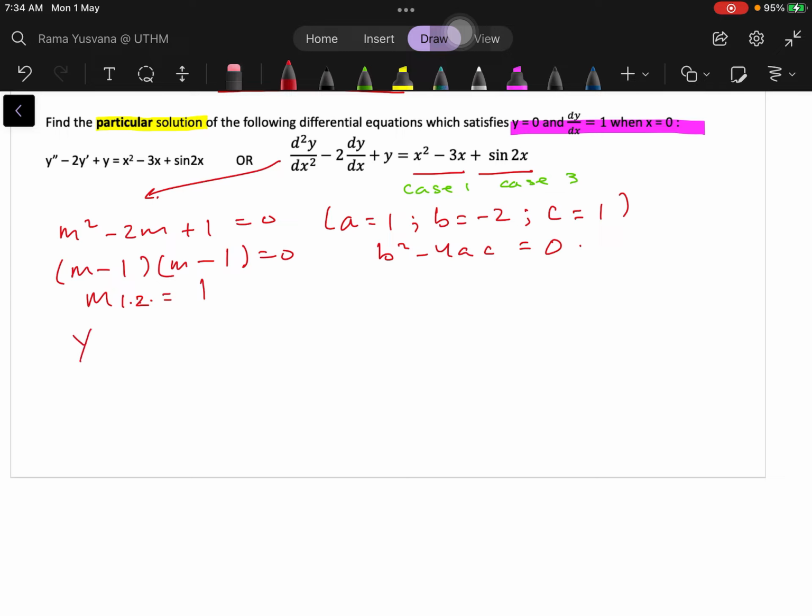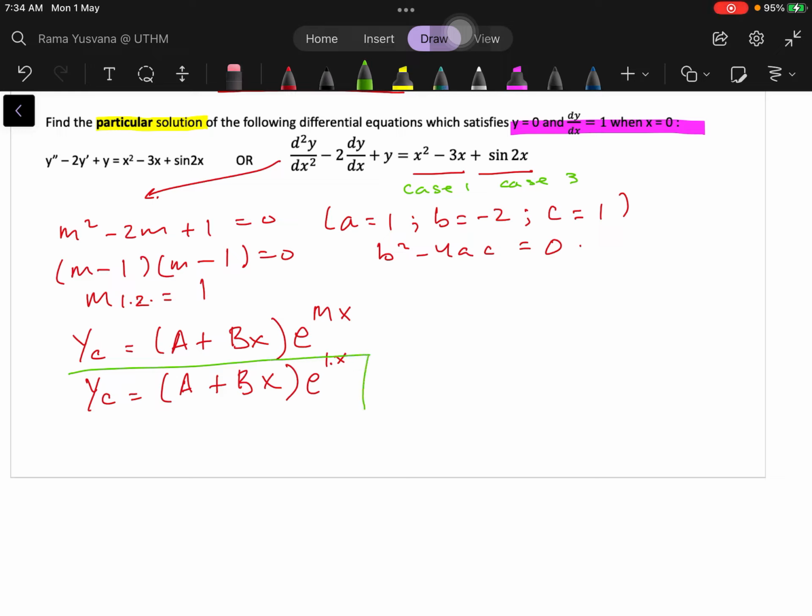Therefore our complementary function yc is expected to be in the form of (a plus bx) times e to the power of mx. Just plug in the values. A is a constant, b is a constant, x, and our root m is 1, so simply e to the power of 1x. So this is our complementary solution.